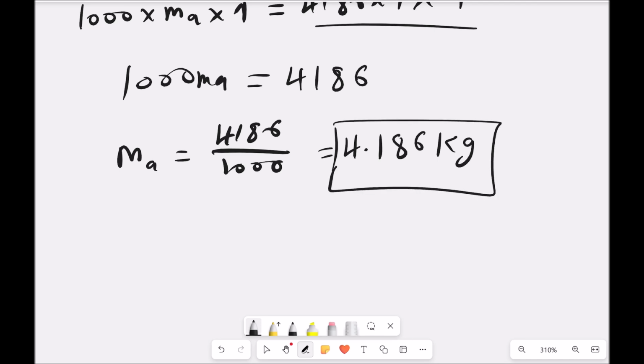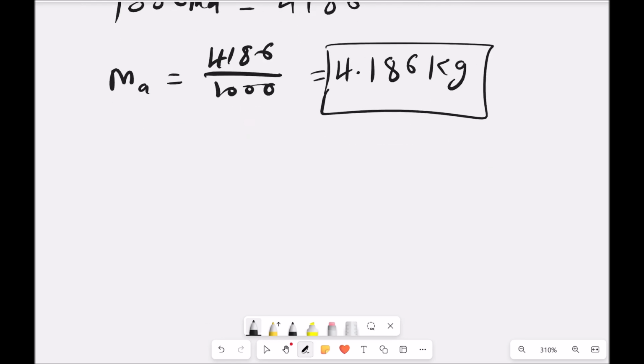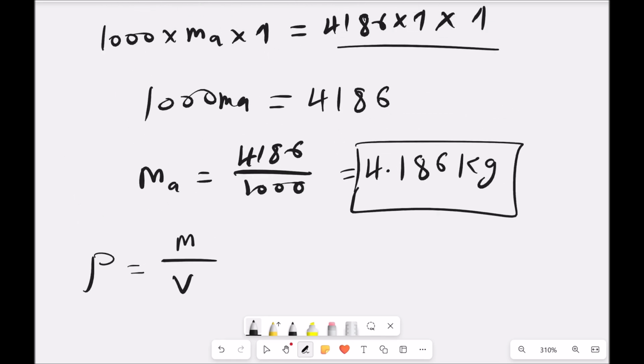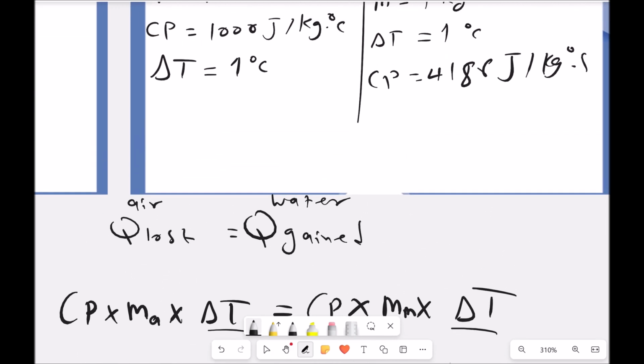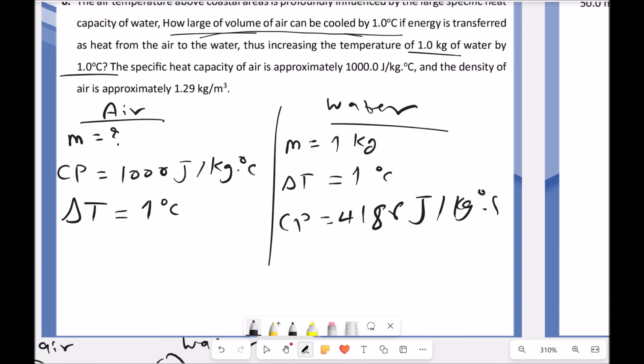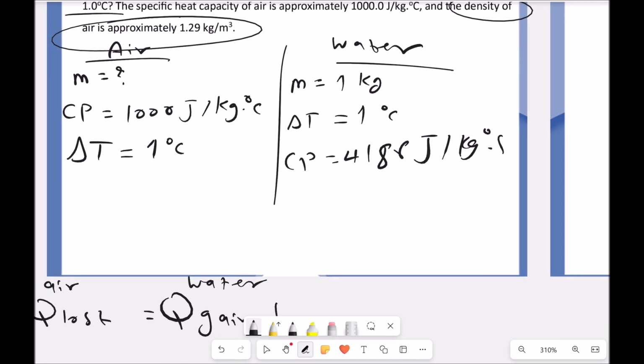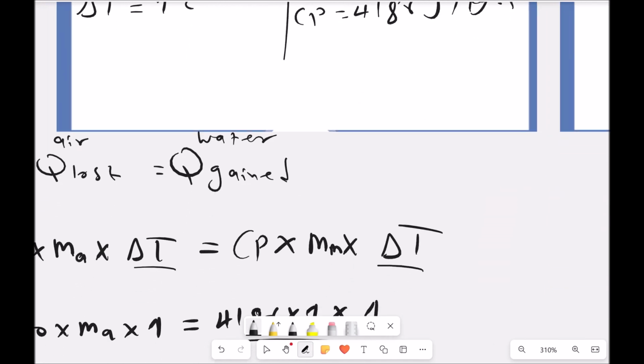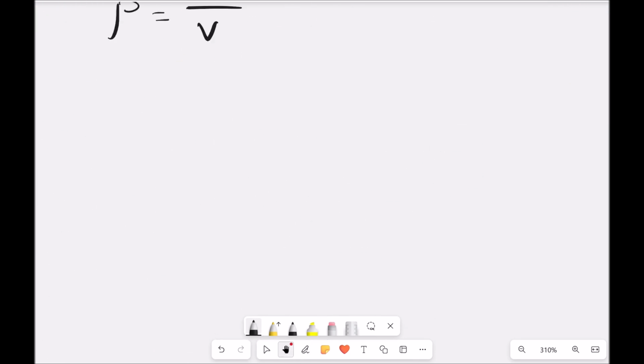Now, how can I find the volume? Remember, guys, you know the equation for density. Density is equal to mass over volume. You might say, how do I know I should use this equation? Well, take a look at the question, and it says density of air is approximately 1.29. So if you find the mass of the air and you have the density, you can find the volume.